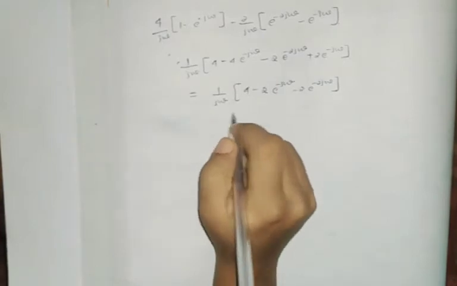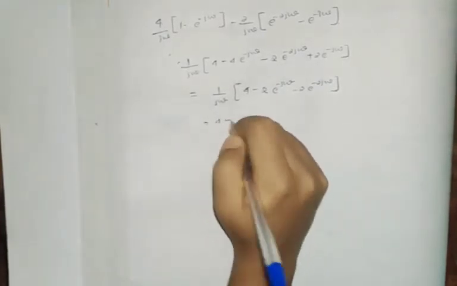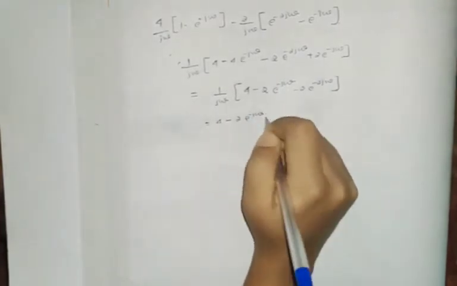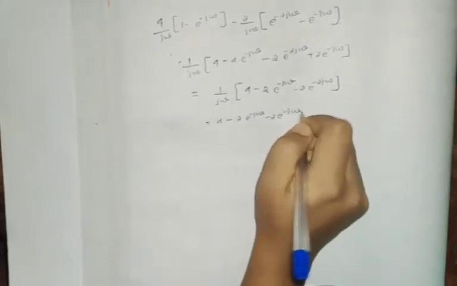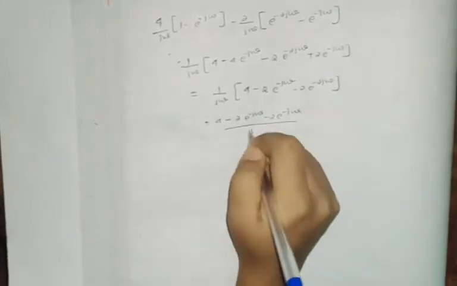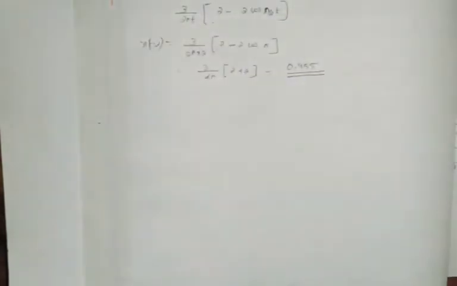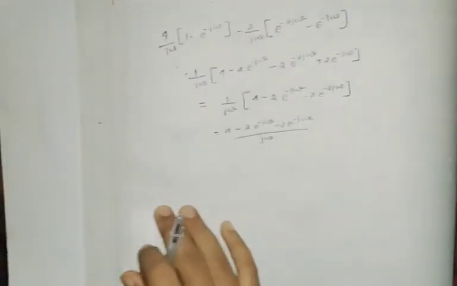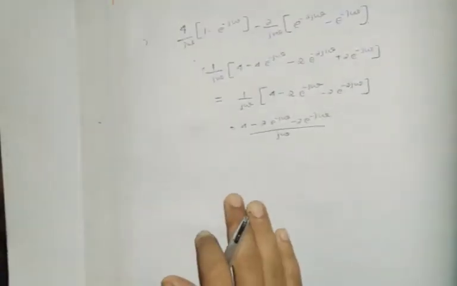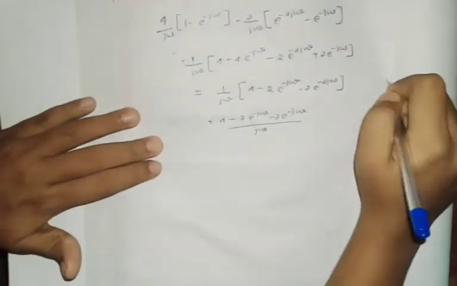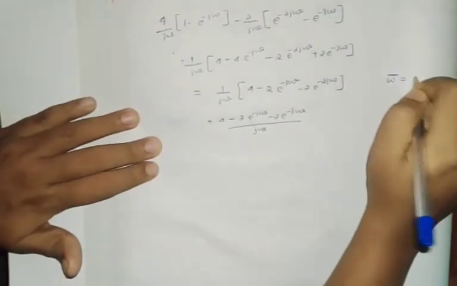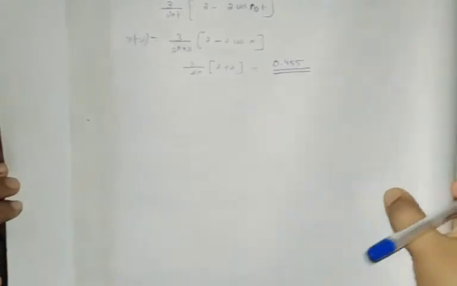Okay, so the whole divided by j omega. Okay, and also in the question it is given that omega dash is equal to pi. Okay, I forgot to write it.